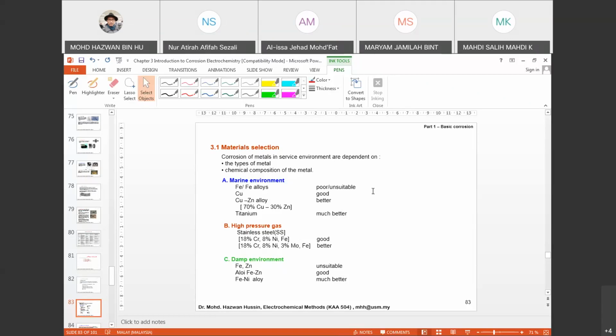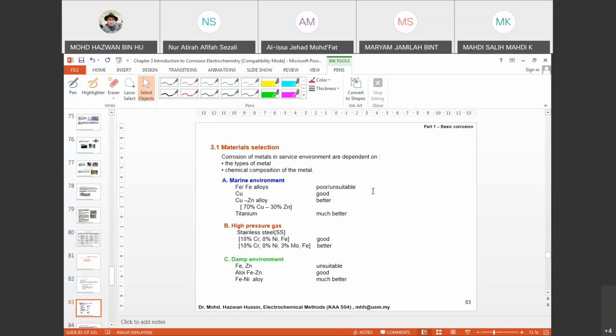Another thing is if you work at high pressure, then of course you will use stainless steel. The best is a higher grade of stainless steel, because a higher grade will prevent cracks or corrosion damage, since the passive layer is more durable.